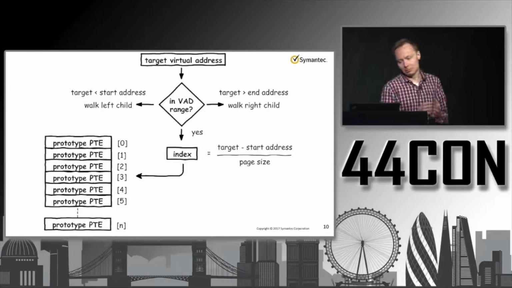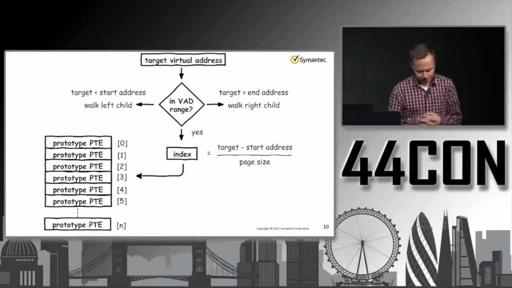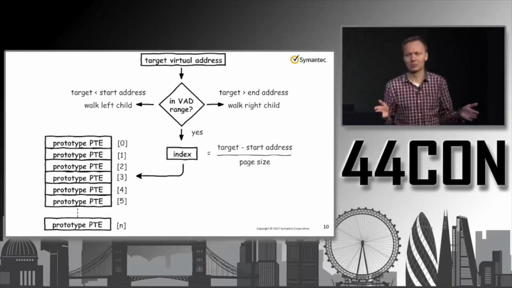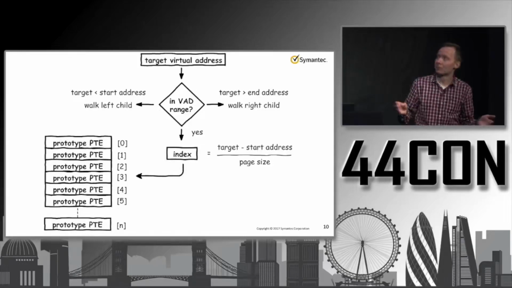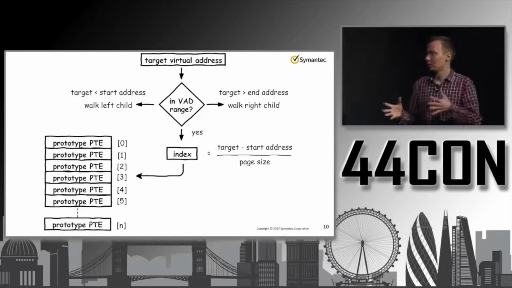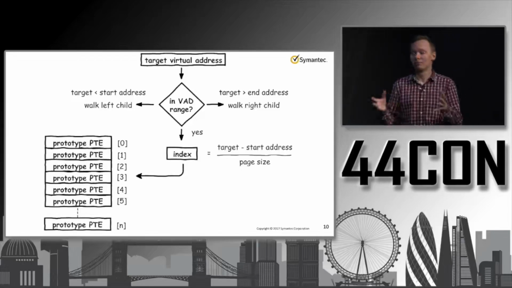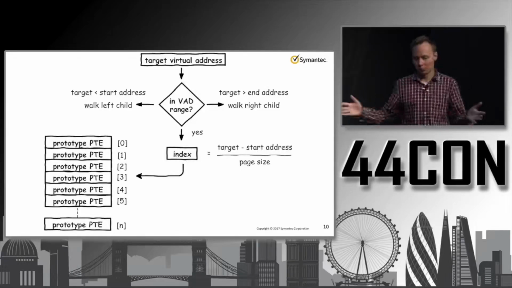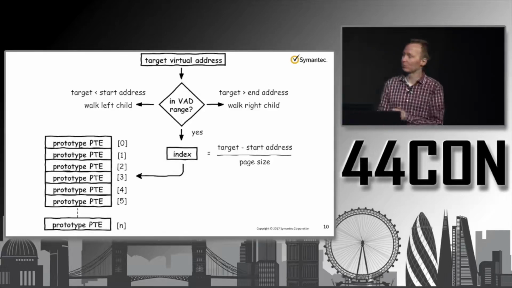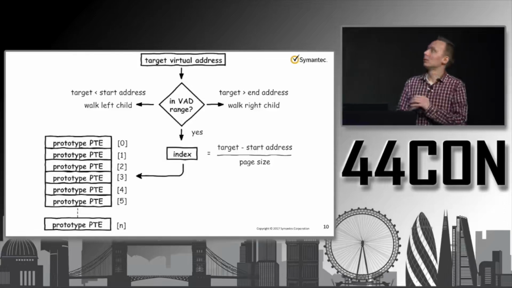Basically, each of the VADs will typically describe something like an entire DLL, for instance, which means that each node in this tree would typically contain information about multiple physical pages, because most DLLs are larger than 4K bytes.